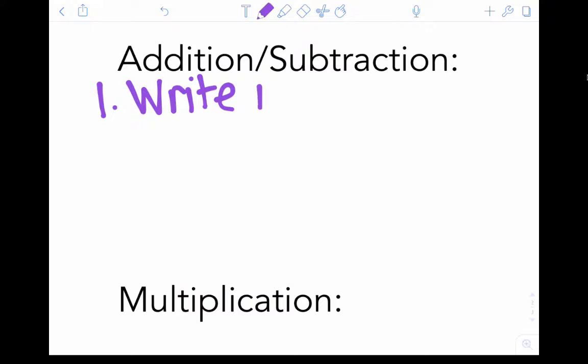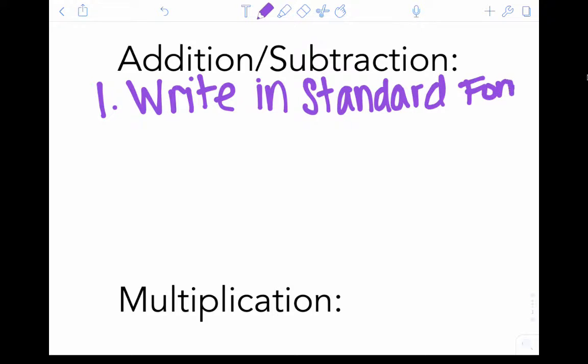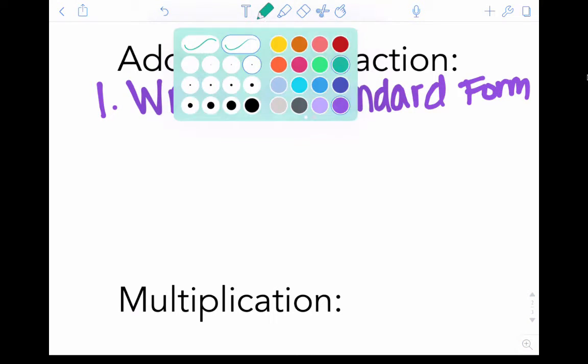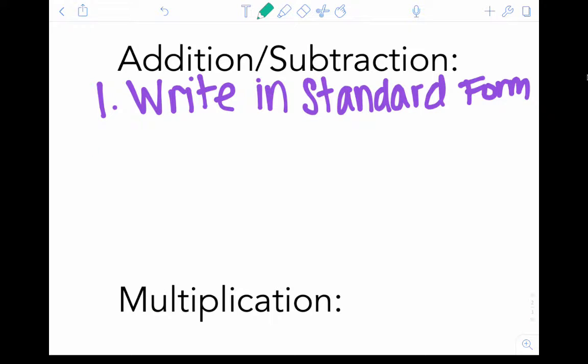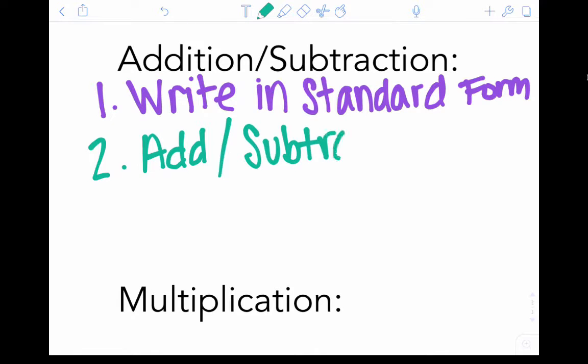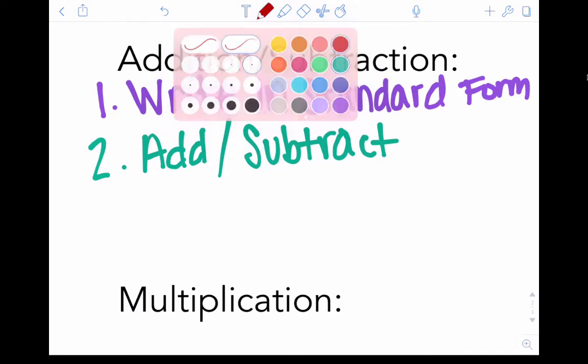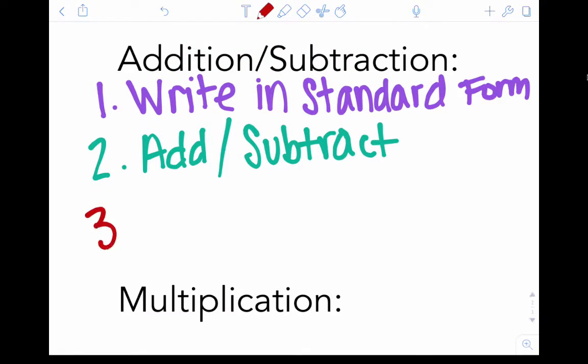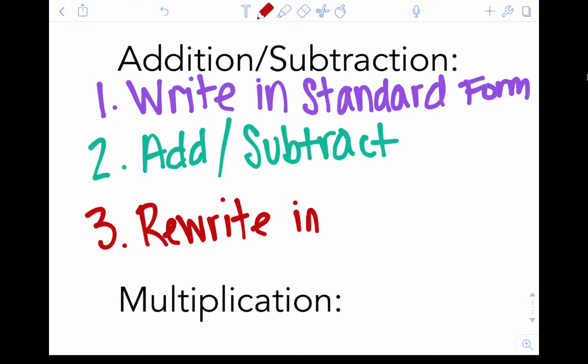So I'm going to convert them to standard form. Once they're in standard form, I'm just going to add and subtract like normal. And then my final step, I want my answer written in scientific notation. So we're going to rewrite the answer in scientific notation.